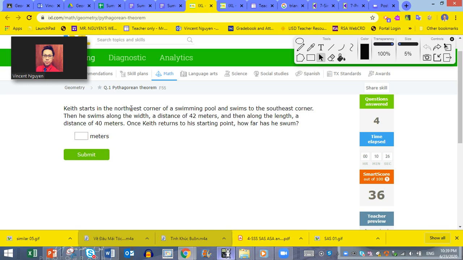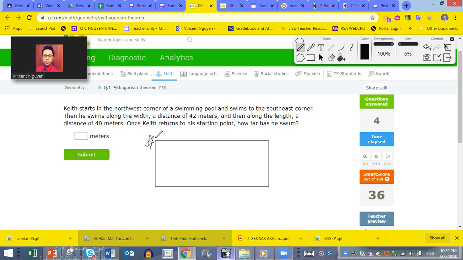So Keith starts in the northwest corner of a swimming pool and swims to the southeast corner. Okay, so let me draw the swimming pool really quick. Assumingly it's a rectangular shape. And let's say he starts from the northwest corner. If you know your west, south, and east and stuff like that, this is the northwest corner, right?